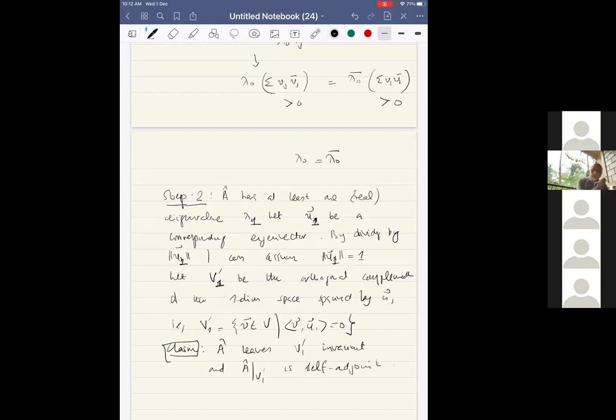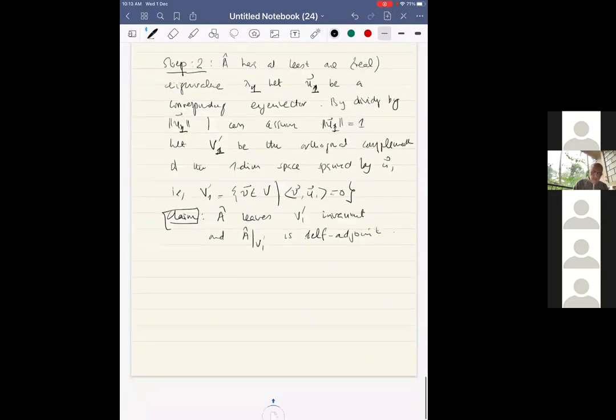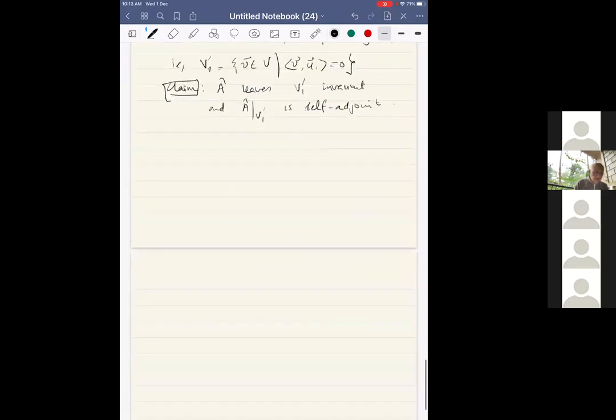This is a good point to stop. For the moment, I'm going to leave the rest of the proof as an exercise. We will almost definitely have a class on Friday, so we'll finish this on Friday.